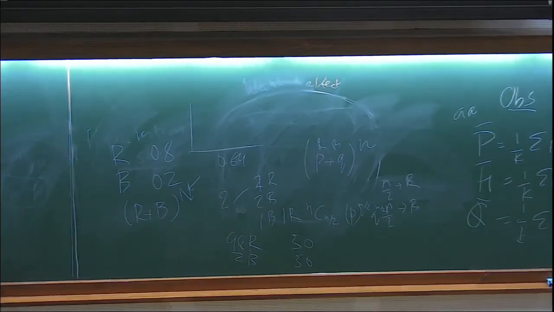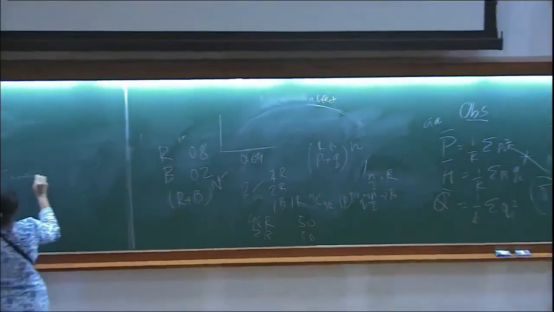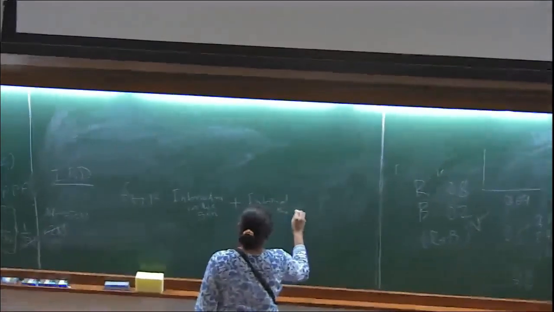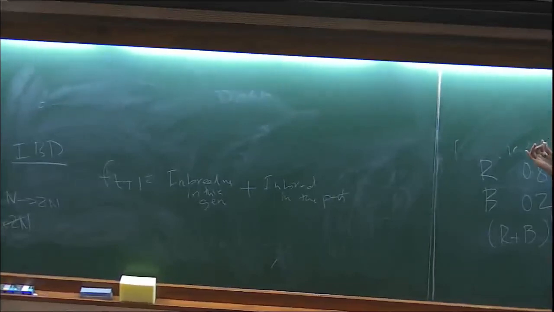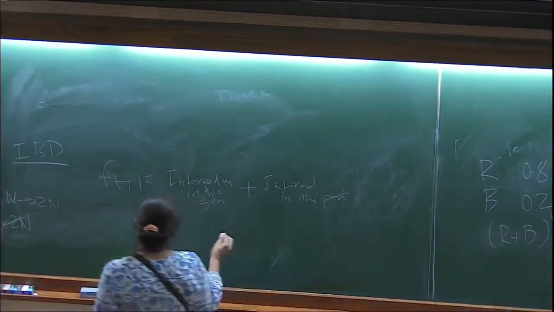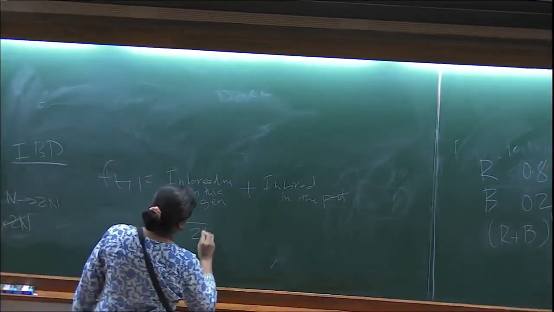So now, we have 1 minute left. So we were talking about f of t plus 1, right? Now f of t plus 1 is inbreeding in this generation plus inbreeding in the past. Got it? Inbreeding happened in this generation, which we agreed is 1 by 2n, right?